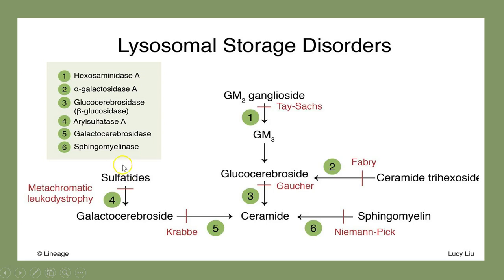In number 4, arylsulfatase A, the sulfatides go to galactocerebroside, and when that's not working right, that causes something called metachromatic leukodystrophy. And galactocerebroside to ceramide, another way to get to ceramide, is Krabbe's disease, which usually presents during infancy with increased muscle tone and spasticity, and it's a progressive disease that usually results in death, very similar to Niemann-Pick, which is caused by sphingomyelinase going to ceramide from sphingomyelin.